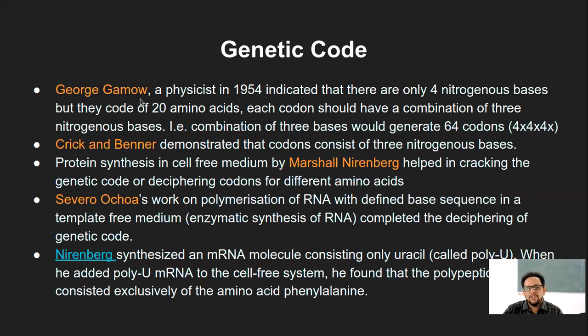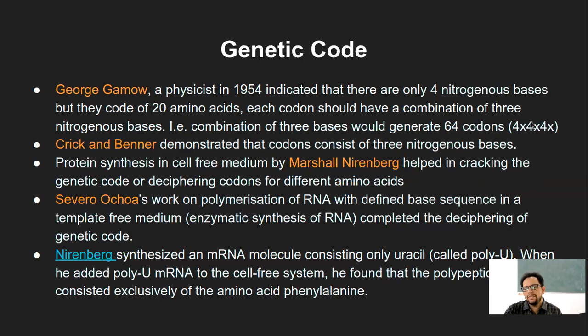George Gamow, a physicist, in 1954 indicated that there are 4 nitrogenous bases, but they code for 20 amino acids. That's when the mathematical calculation came into picture. Each codon should have a combination of 3 nitrogenous bases. Why 3? Because 4 times 4 times 4, a combination of 3 bases, would generate 64 codons.